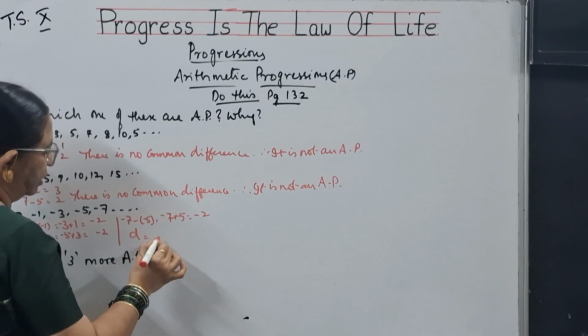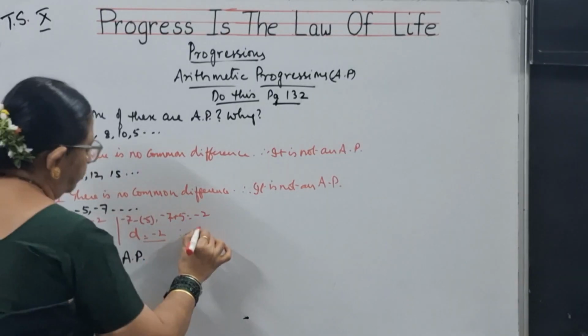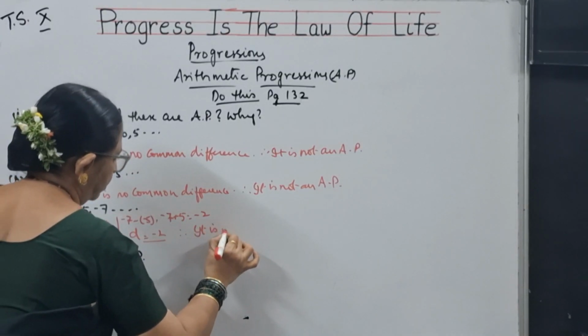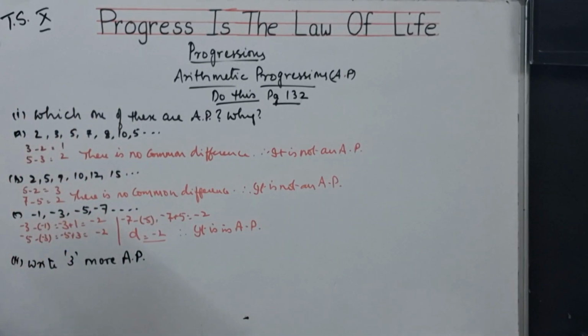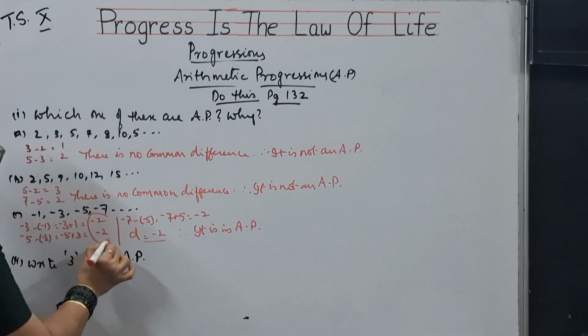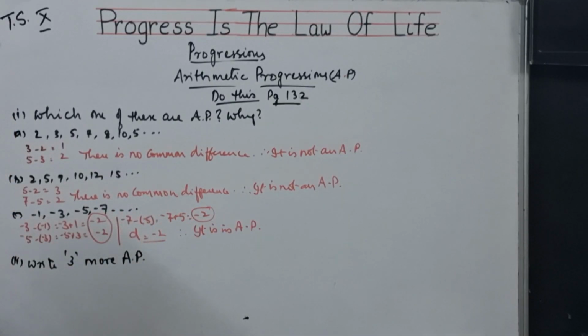So the common difference is minus 2. Therefore, it is an AP because it has a common difference. Each and every term is the subsequent term.